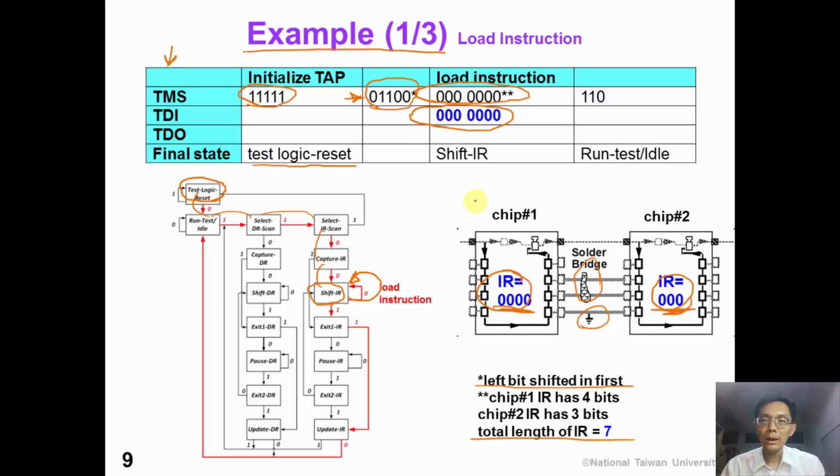After we load the instruction code to 2 chips, we can now leave the state by applying a TMS sequence of 1, 1, and 0. Now we are in run test idle state.